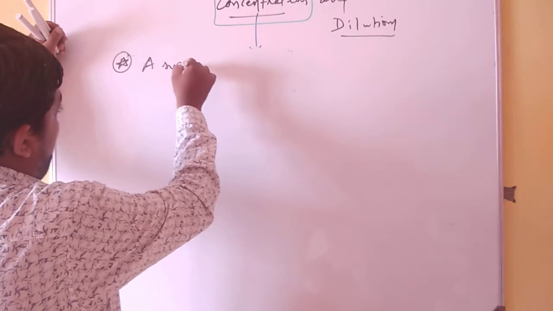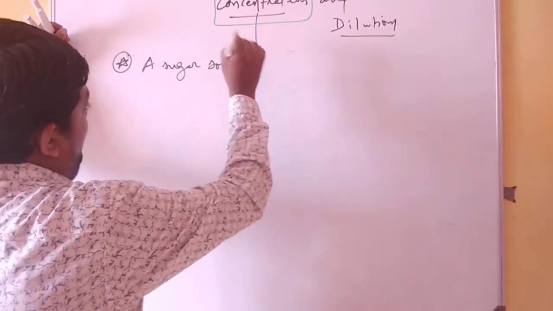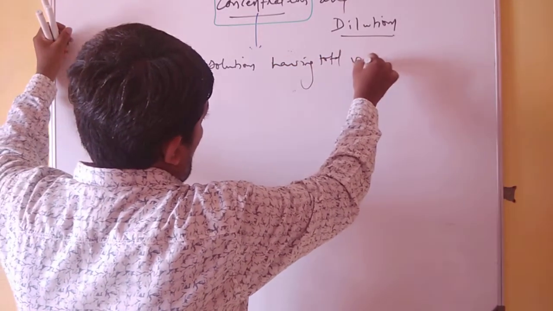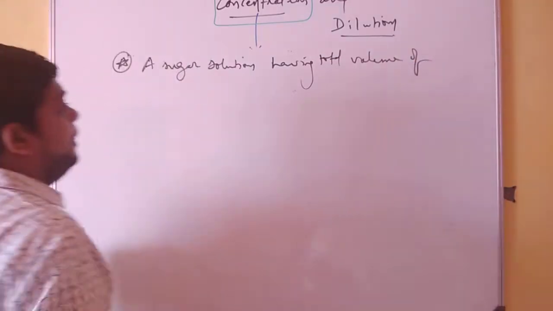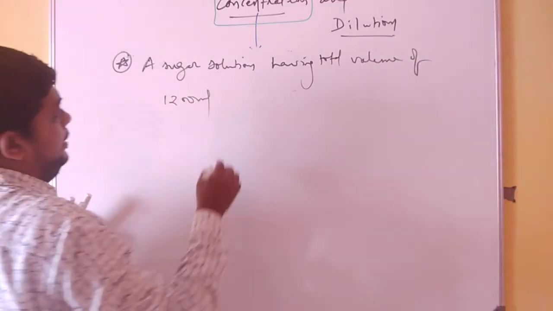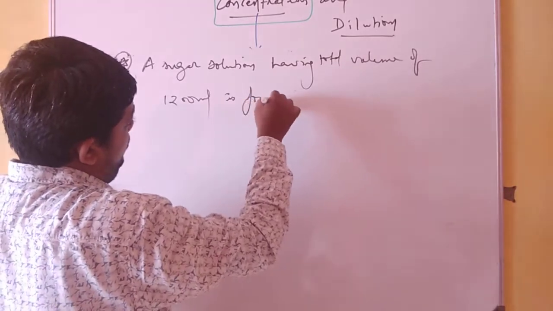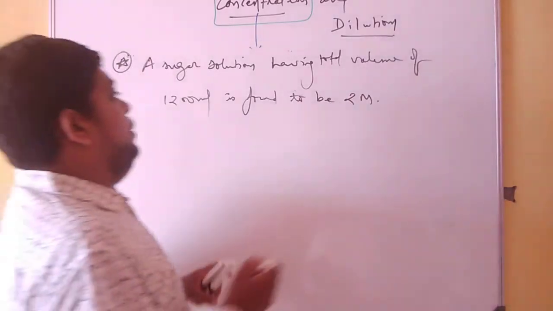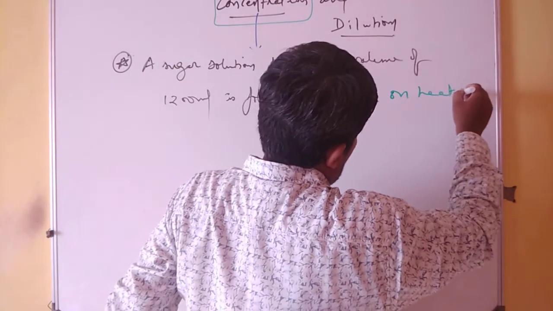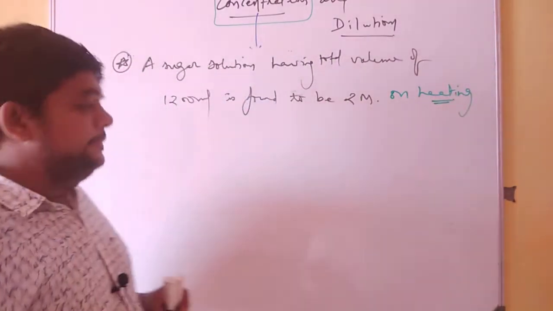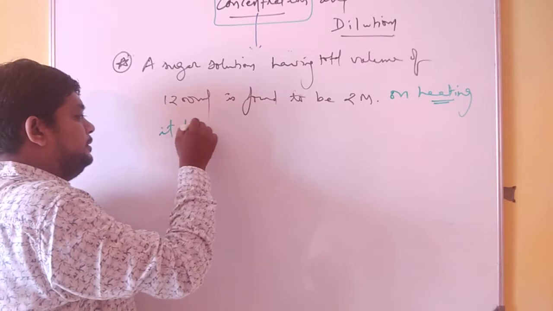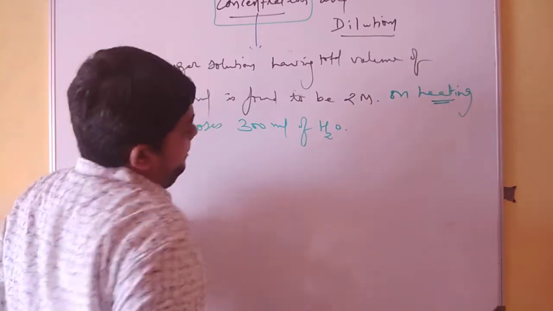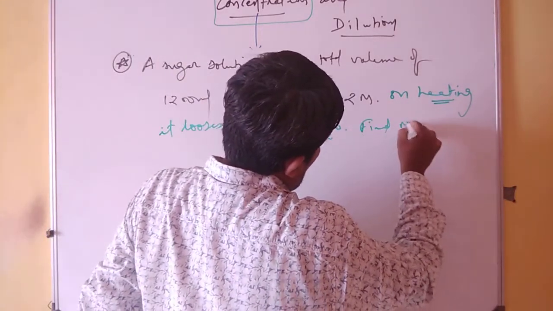A sugar solution having a total volume of 1200 ml is found to be 2 molar. On heating, see, the things have changed. On heating, it loses 300 ml of water. Find the new concentration.